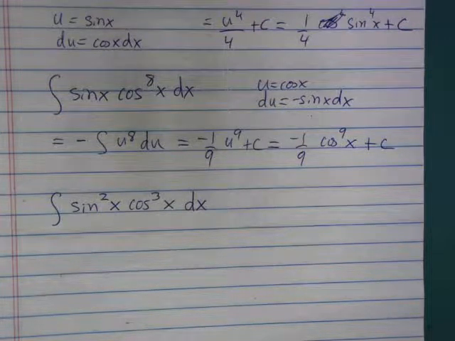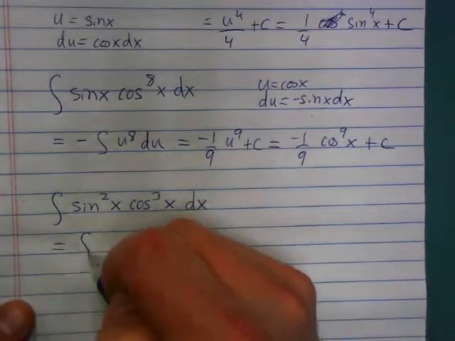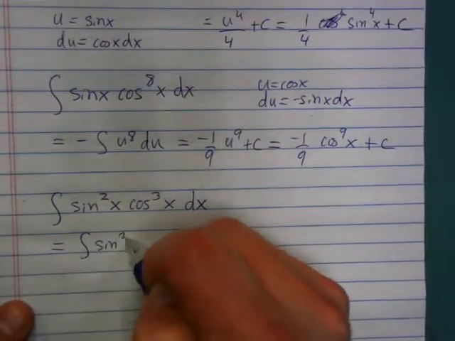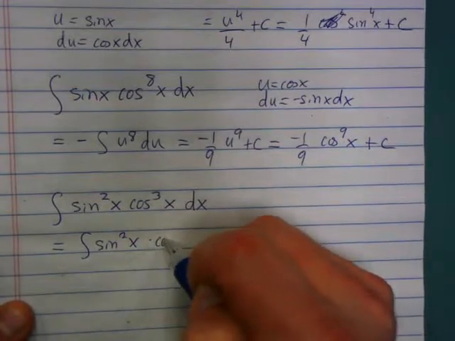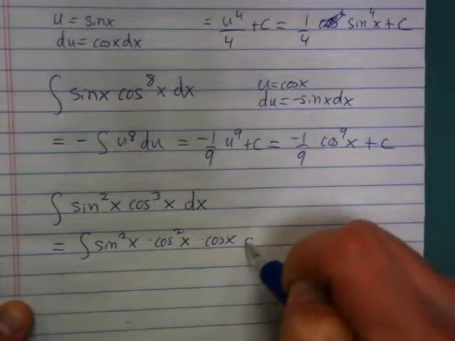So what I really wish is that I had a sine all by itself or a cosine all by itself, so I could just do a u substitution. So I'm going to make it so that I do. I'm going to rewrite this as the integral of sine squared x times cosine squared x times cosine x.